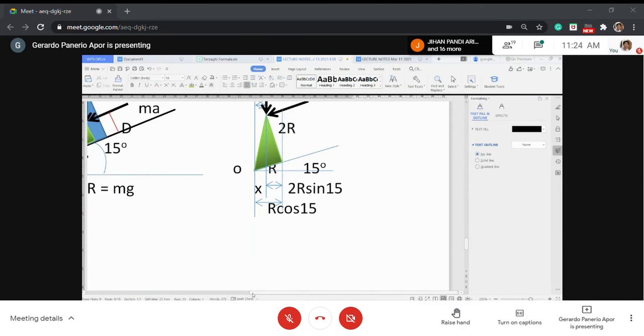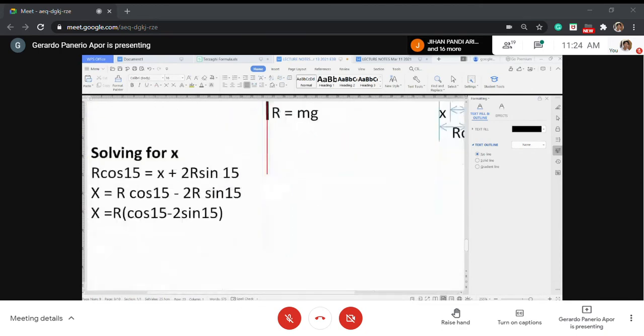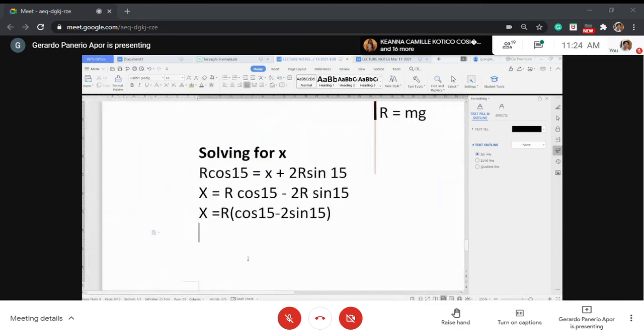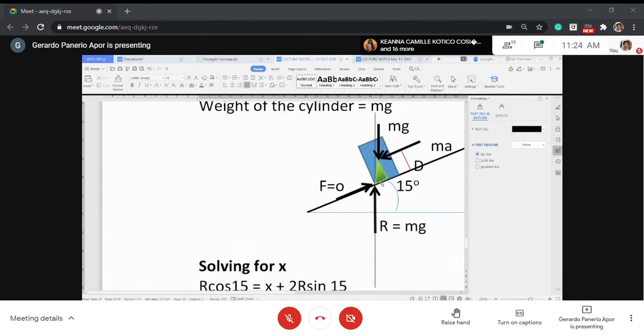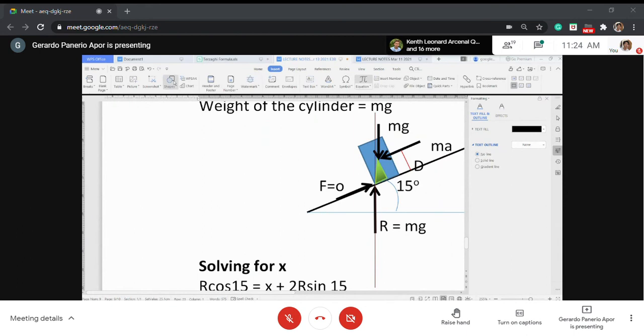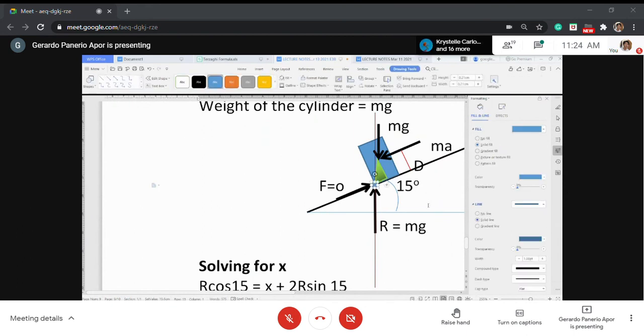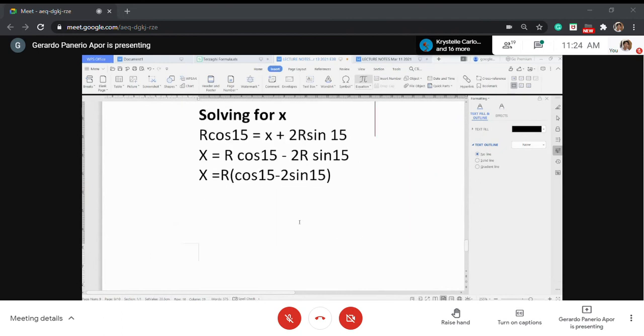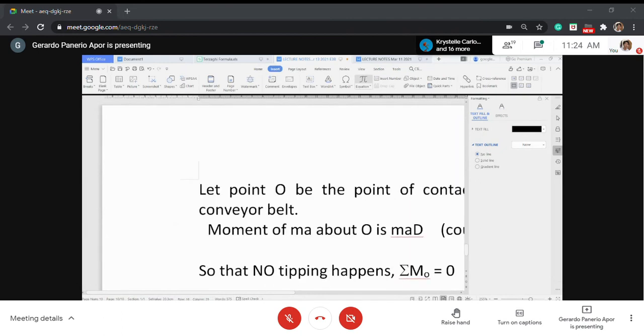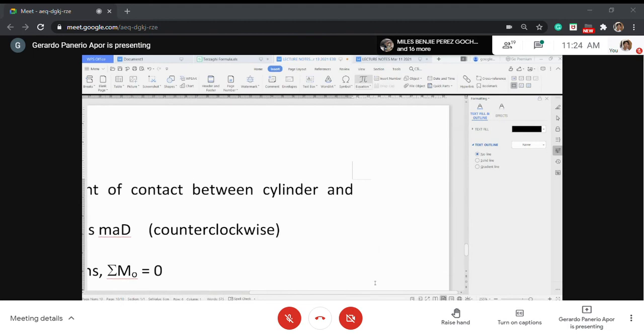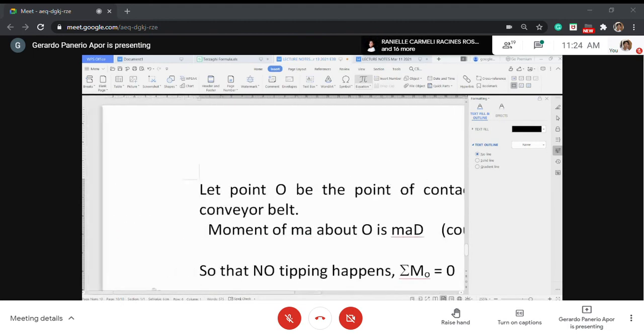So we go back, we solve only the value of x. Why do we need to solve for the value of x? Because I am going to sum up moment somewhere here. If I will call this point O. Okay, I will call that as point O. So let point O be the point of contact between the cylinder and the conveyor belt.